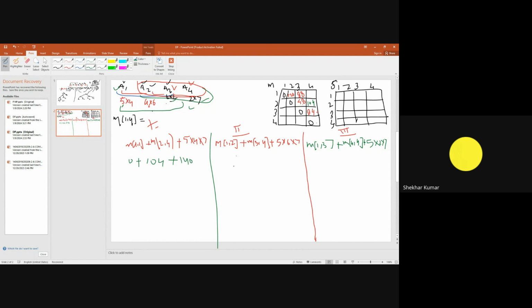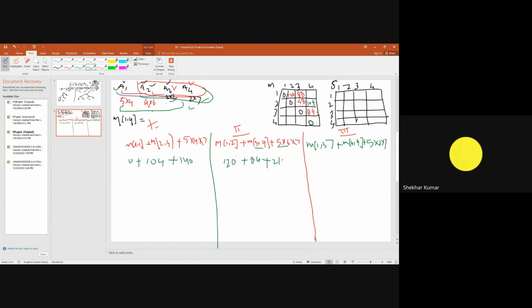In the next, M of 1 to 2, this is your cost 120, plus M of 3 to 4, the value is 84, plus, if I calculate this 5 into 6, that is 30, 30 into 7, 210.